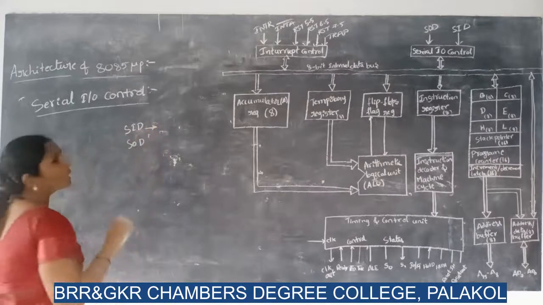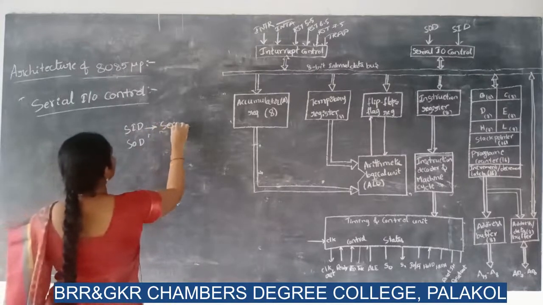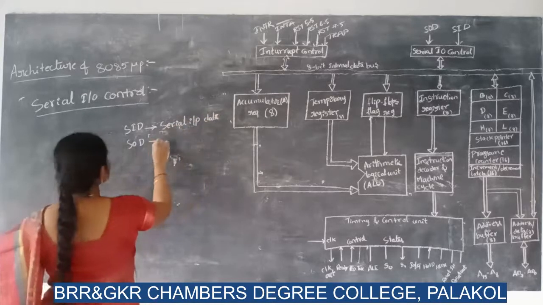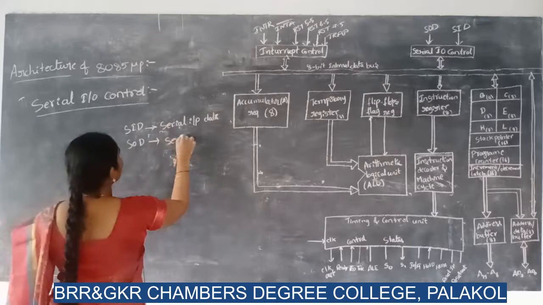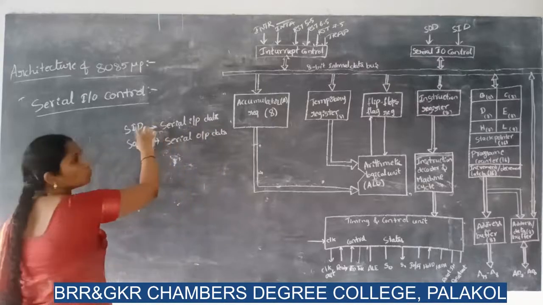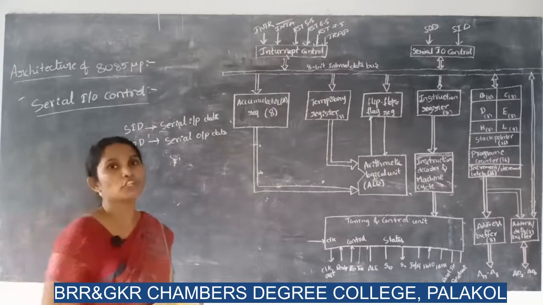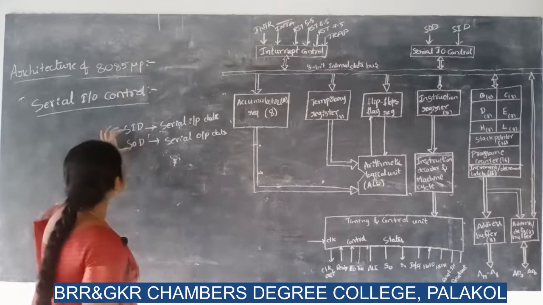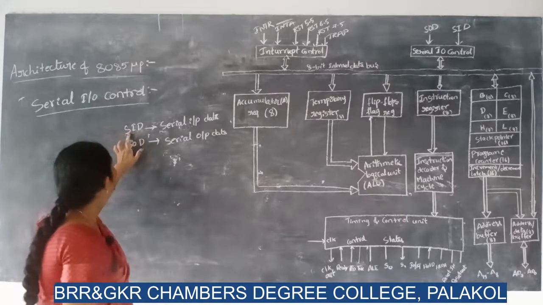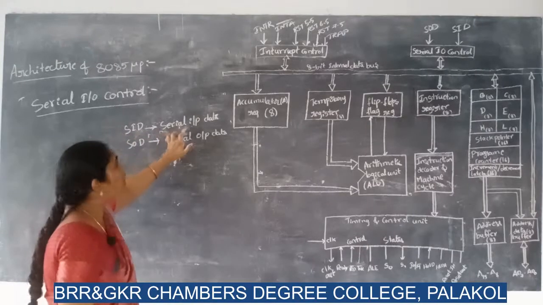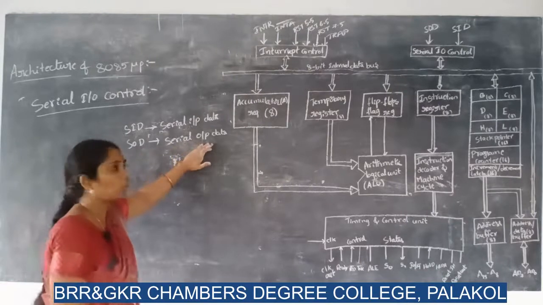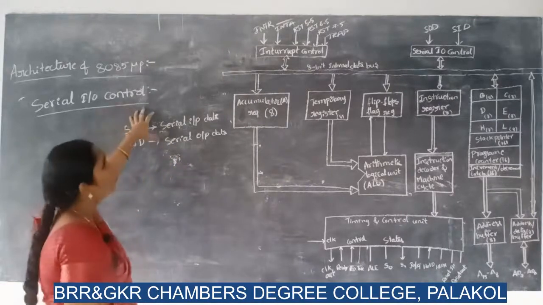This is serial input data, and this is serial output data. I have already told these 2 signals in the explanation of the pin diagram. So these 2 signals are used for the serial communication. SID is serial input data, that means it will receive the data. Serial output data means it will send the data. Okay, so this is serial IO control.